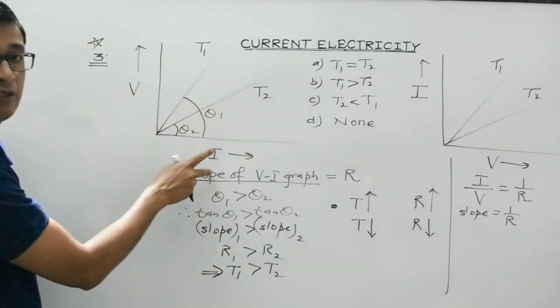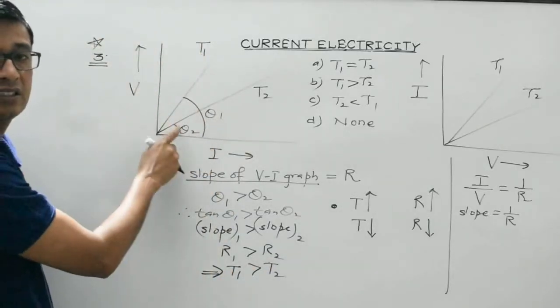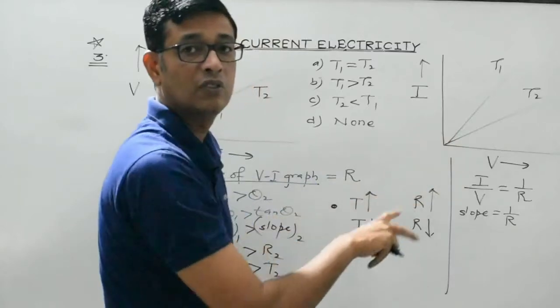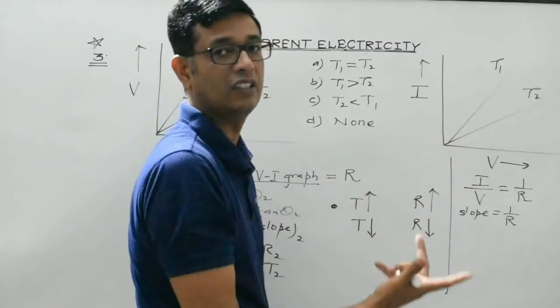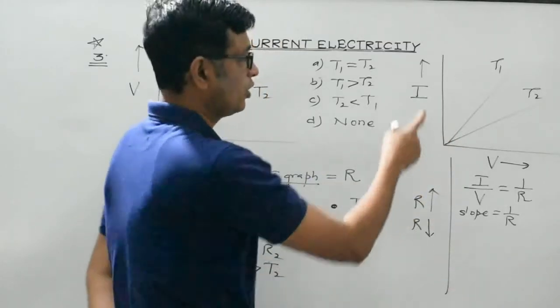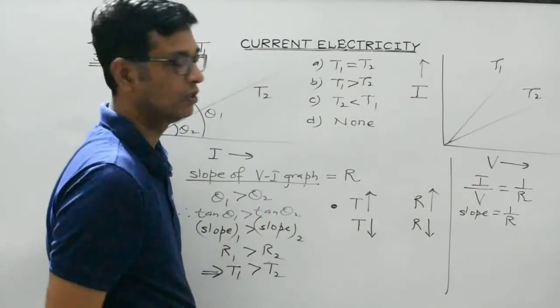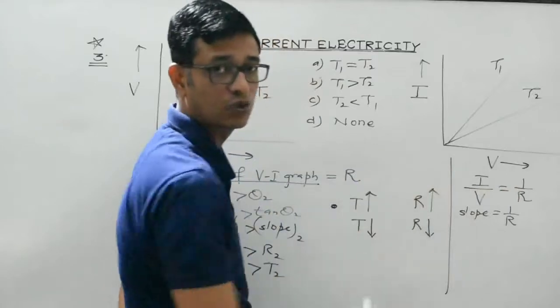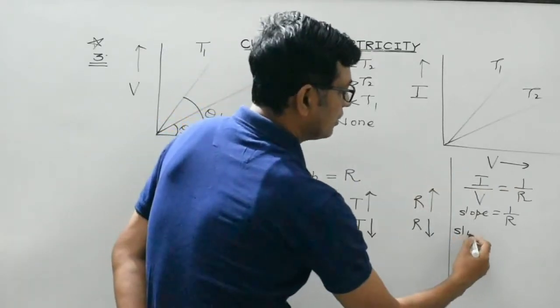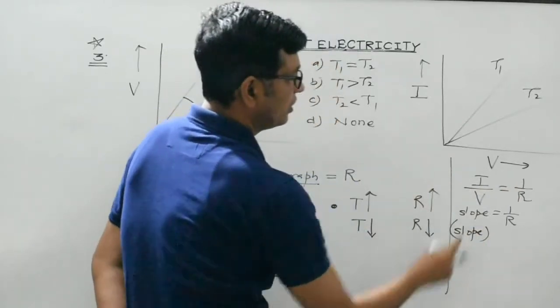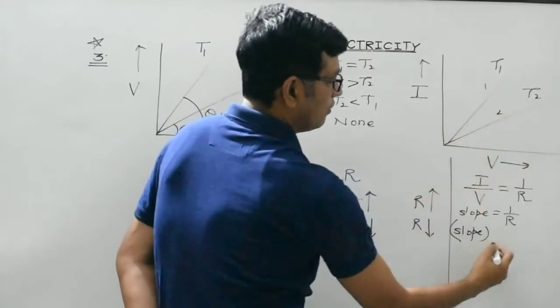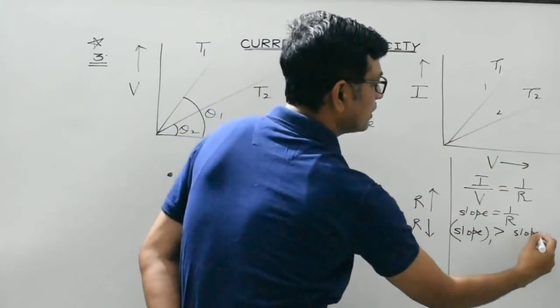In the first VI graph, the slope gives resistance. In this graph, the slope gives the reciprocal of the resistance, because I by V is equal to 1 by R as per Ohm's law. You can arrange it and we get V equals IR. The rest is the same as in the previous case. The slope of the first one would be greater than the slope of the second one, no doubt.